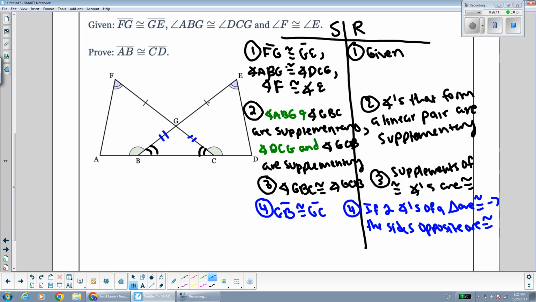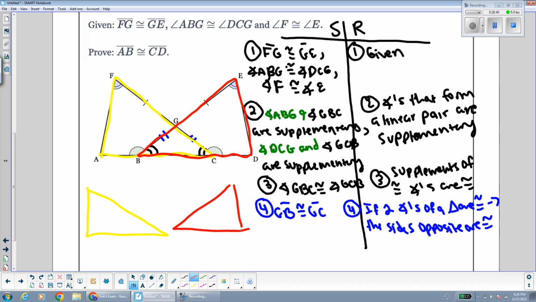And now we have the pieces of the side of the big overlapping triangle and the pieces of the side of this big overlapping triangle. And if that's a little bit hard to see, I'm just going to really quickly color code and separate the two overlapping triangles so we can see a little bit clearer what we have in them.